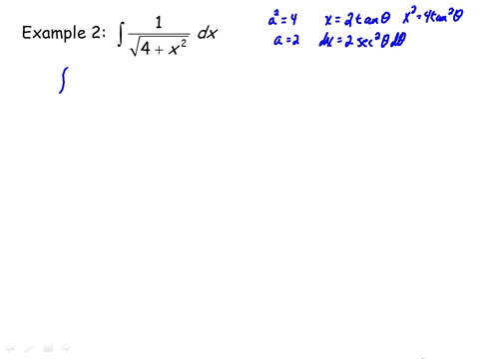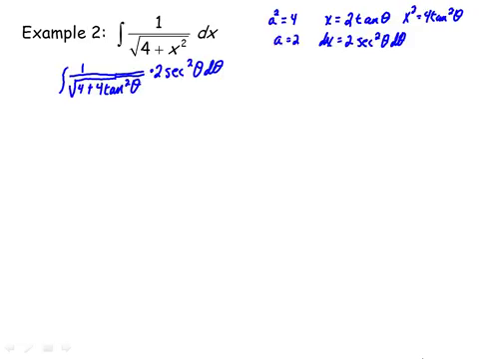So we're going to have the integral of 1 over the square root of 4 plus x squared, which is going to be 4 tangent squared theta. And then dx is going to be 2 secant squared theta d theta.